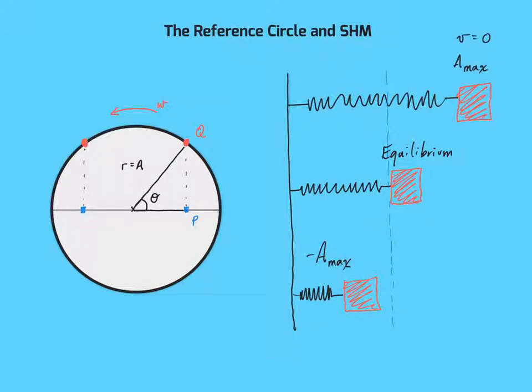So when that spring is fully stretched, that mass is not moving at that point in time. But what that means is the restoring force, or the force within that spring, is at a maximum, because this spring wants to go back this way to its equilibrium position.